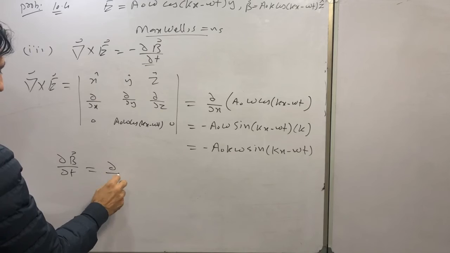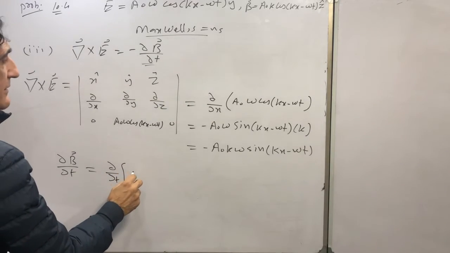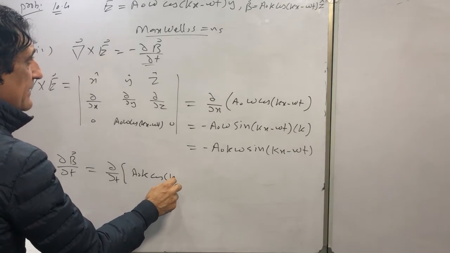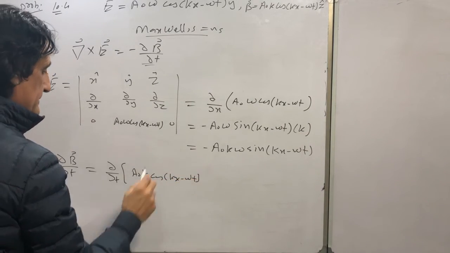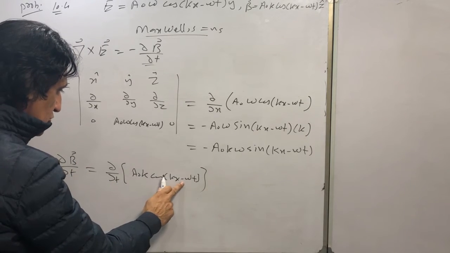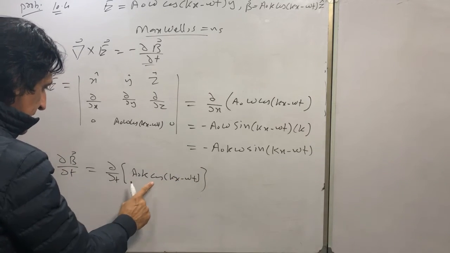Then we have partial B, a naught k cosine of kx minus omega t. So differentiate this with respect to t.